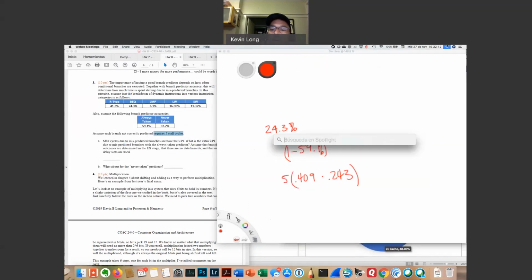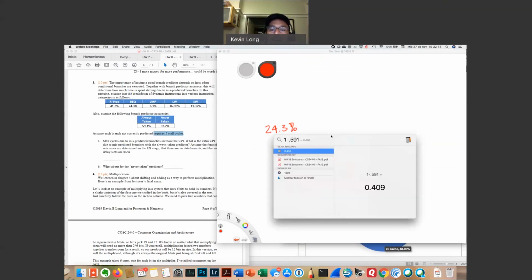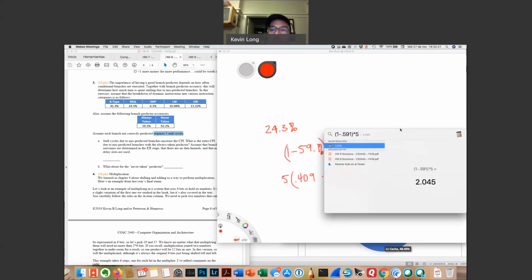So I'm curious if I got it. So 1 minus 0.591 is 0.409. And then I'm going to multiply that by the 5 cycles penalty, and then by the percentage of time that my instruction is a branch instruction.